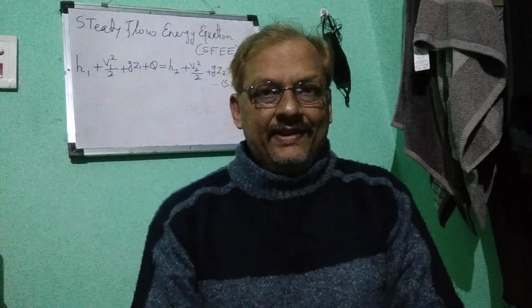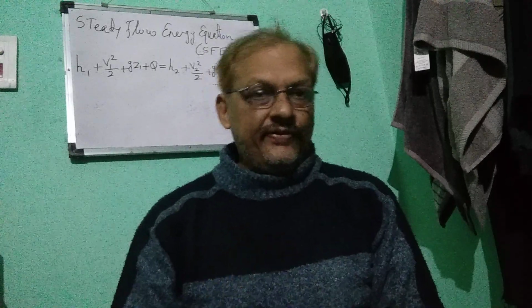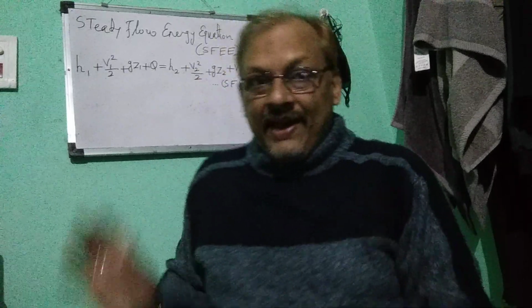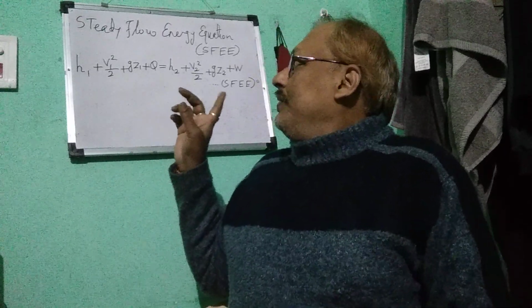Hello friends, in this video we will analyze various thermodynamic devices in which flow occurs. Those devices are nozzles, diffusers, turbines, pumps, heat exchangers and throttling devices, using the steady flow energy equation.